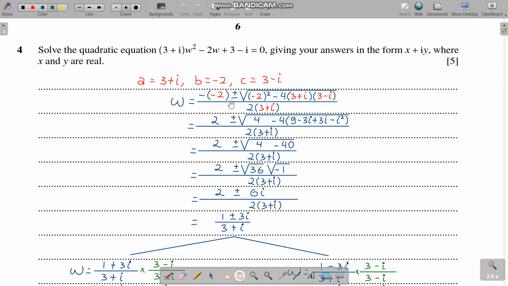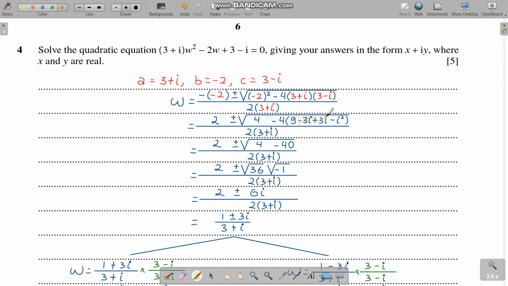And then we use the usual quadratic formula in the MF19. So −b ± the square root of b² − 4ac, all over 2a. Minus −2 is +2. (−2)² is 4, and 3 times 3 is 9, 3 times −i is −3i, i times 3 is +3i, plus i times −i squared.